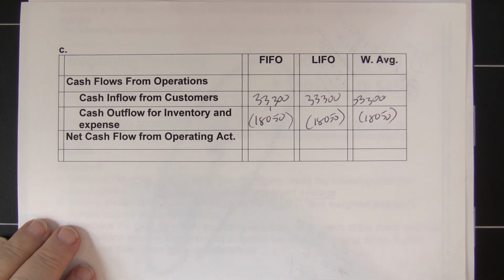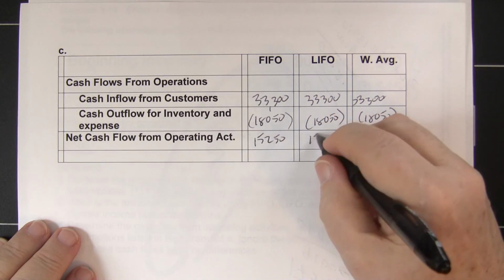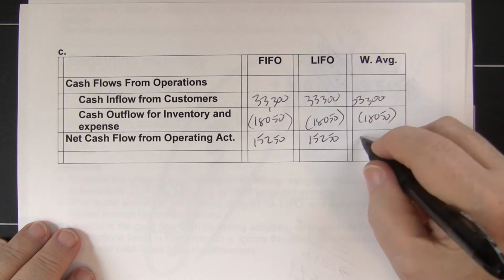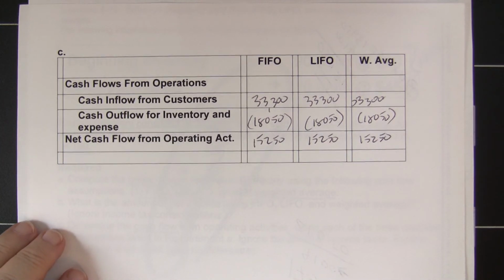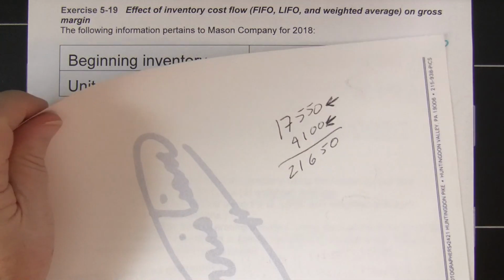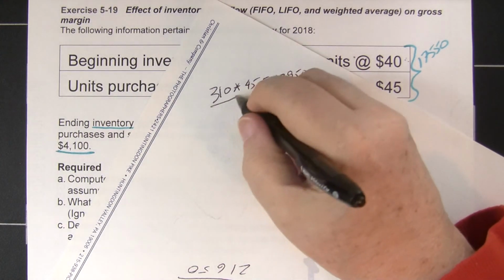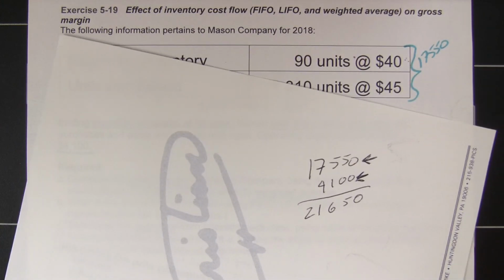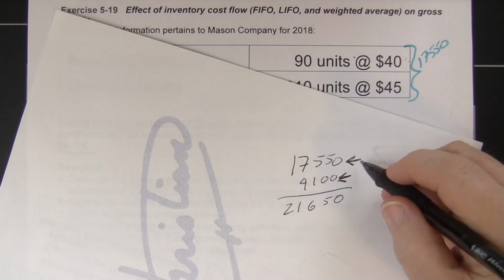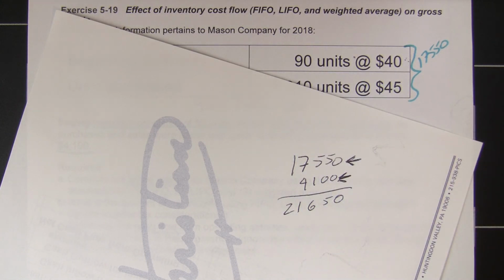So the net cash flow from operating activities is $15,250, irrespective of the method chosen. The thing you can mess up is if you take all of the inventory and not just the inventory that was purchased. This was what was purchased this year. That includes what was purchased this year and the 90 units we had at the beginning.